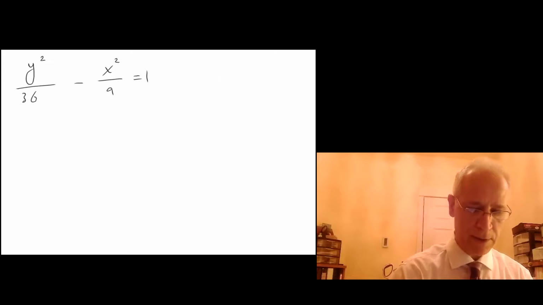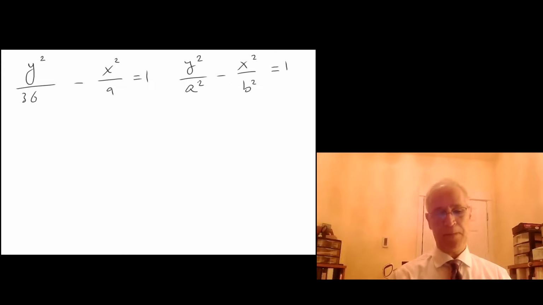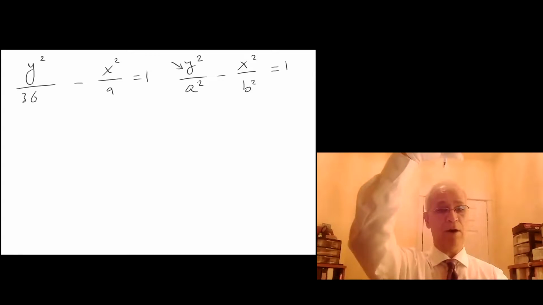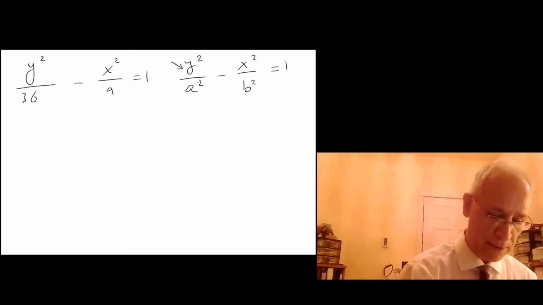So, of course, this is the same format as y squared over a to the second minus x squared over b to the second equals 1. The fact that this time y is positive tells me that it's opening up and down. So the transverse axis is the y-axis.